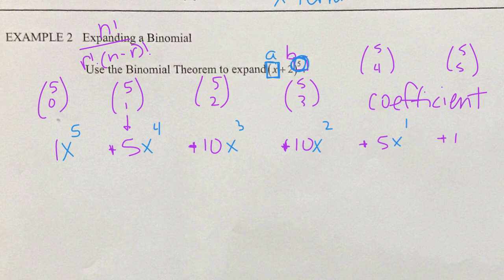Okay, but what is x to the 0? 1. X to the 0 is 1. So that one is really not appropriate to put in there. So our first term, the powers count down from the highest power to 1 less every single time. 5, 4, 3, 2, 1, 0.